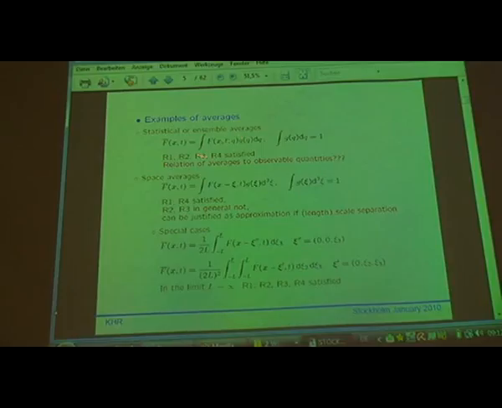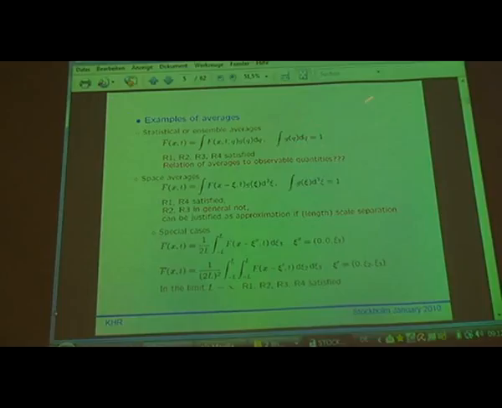And you label these different copies by a parameter, say Q. Here Q is considered as a continuous parameter, and you take a normalized distribution function, and then you define the average in this way.